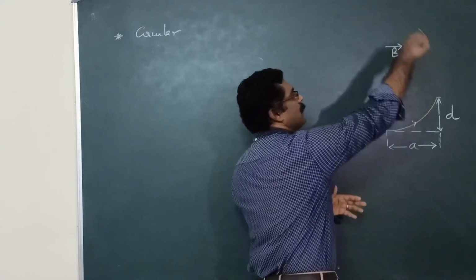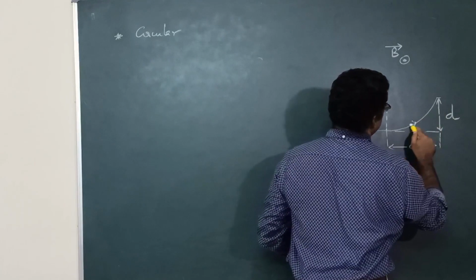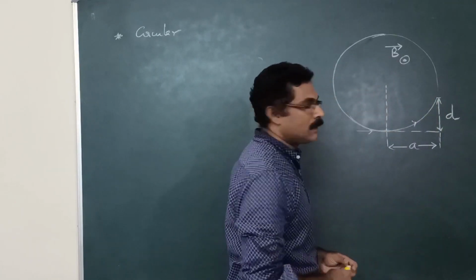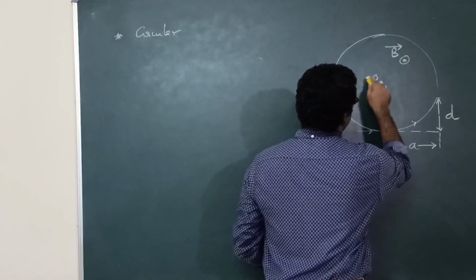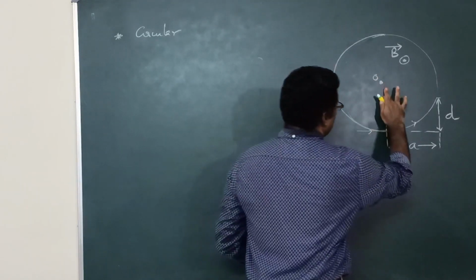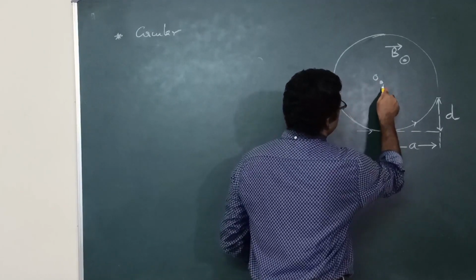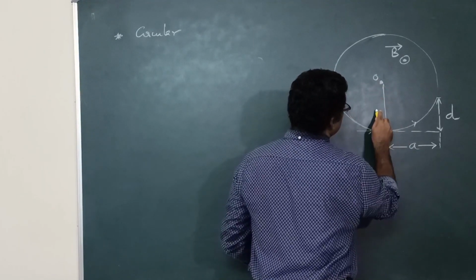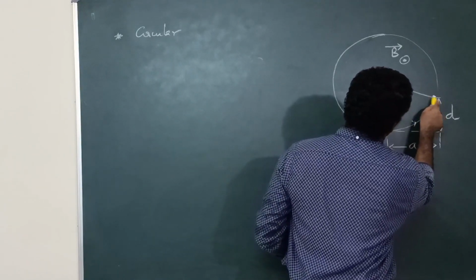Just complete this circle. This is the circular path, this is the center, and this is the radius of the circular path, taken as r. Similarly, this is also the radius r.